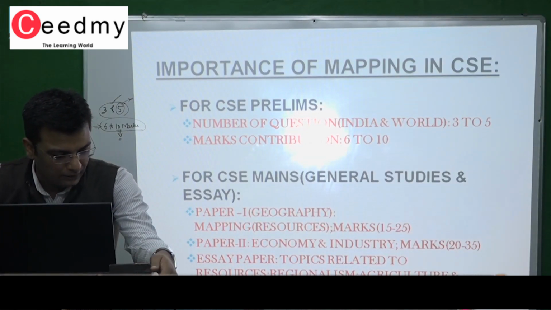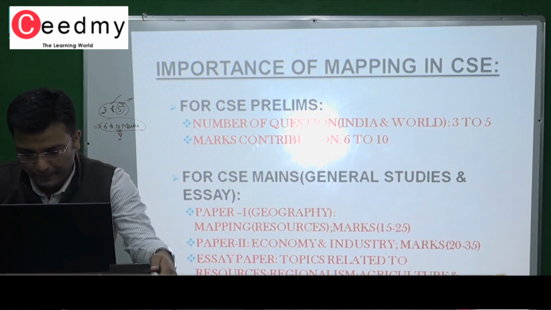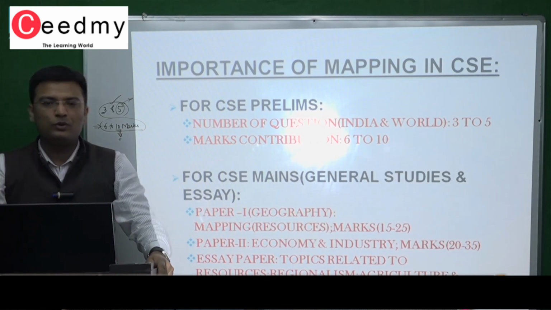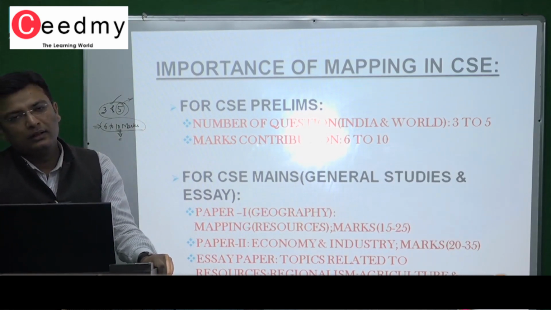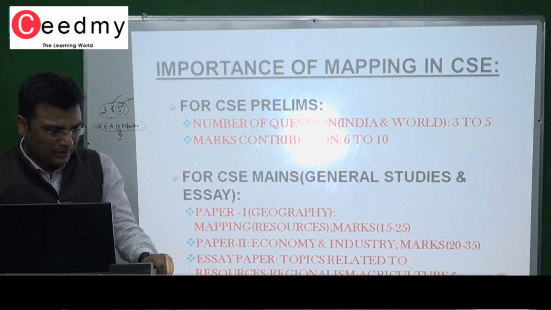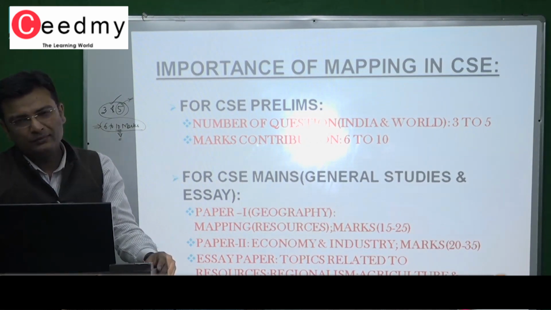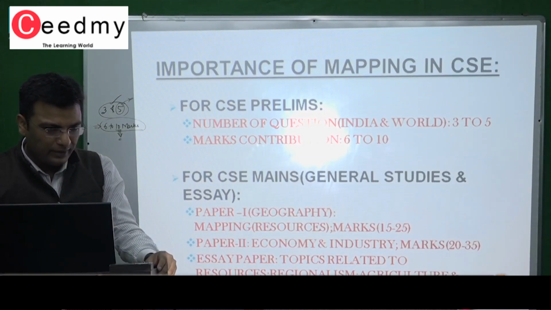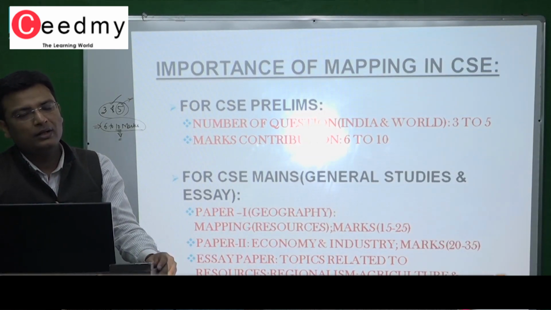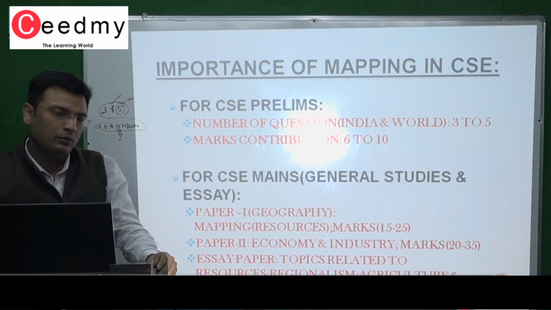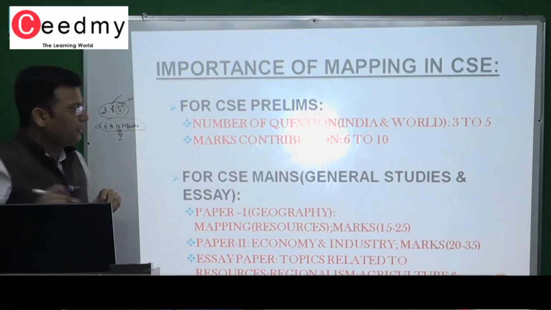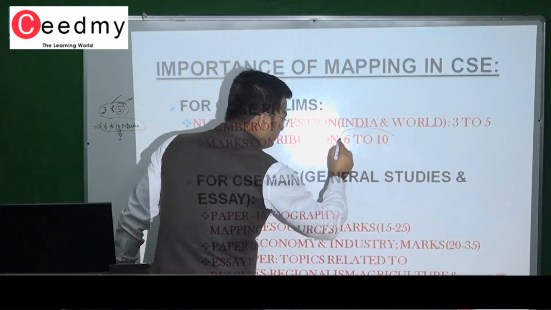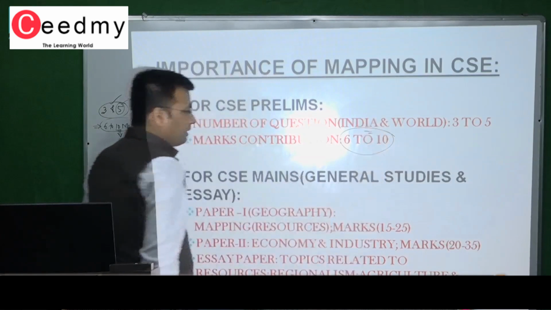If you are confident, even for a question which you don't know, you can eliminate the wrong options and make a smart guess. If you are not confident enough, you can even make a silly mistake in a question which you know. So for civil services prelims, mapping contributes 6 to 10 marks, very important.